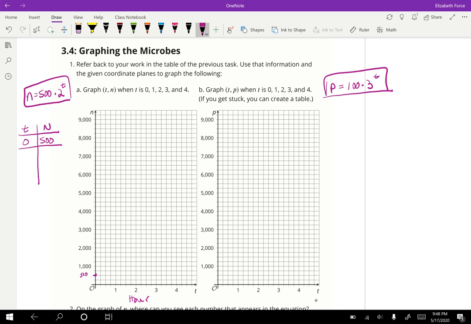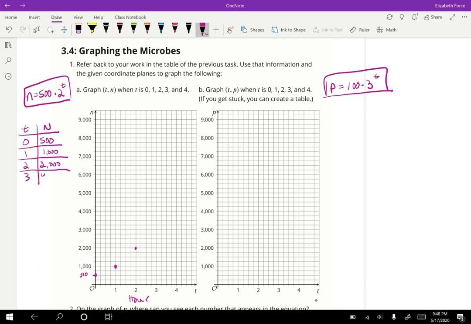And plot that point. And hour 1, we doubled to 1,000. Hour 2, we've doubled again, so 2,000.